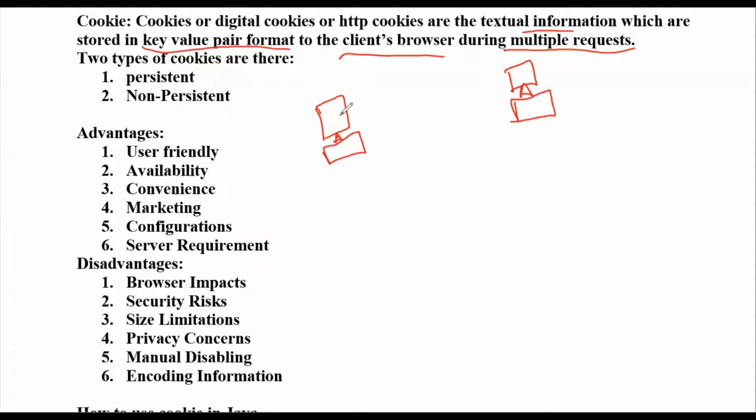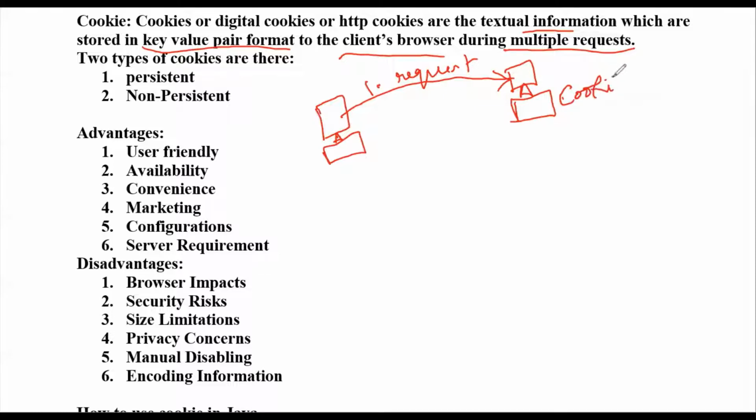The browser will make a request to the server, and along with it, maybe the login and password information is sent to the server. Now the server will make a cookie.